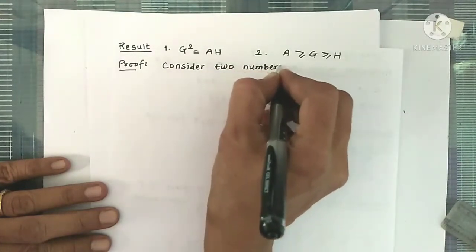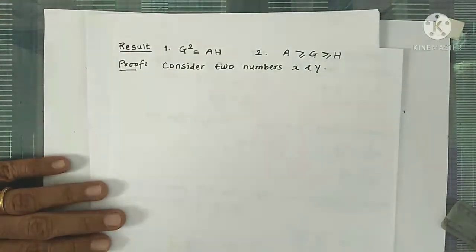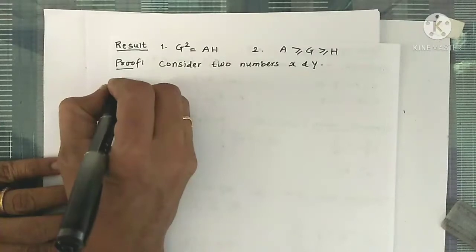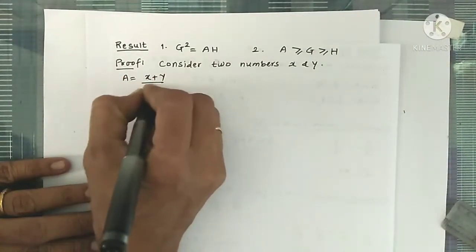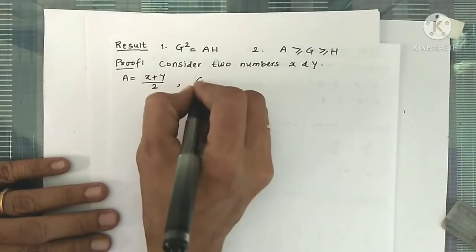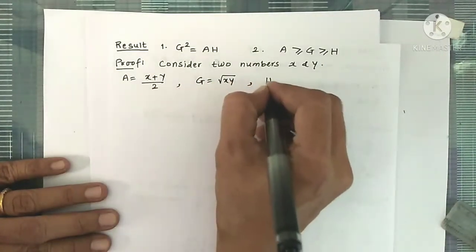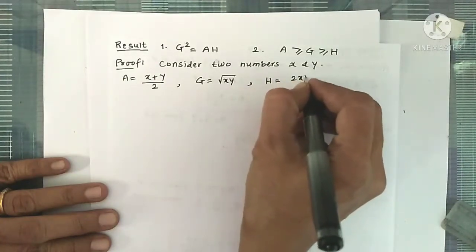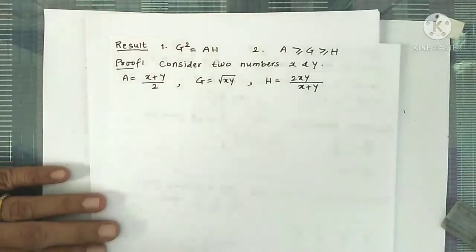Now let A, G and H be arithmetic mean, geometric mean and harmonic mean of these two numbers. So A equals (x plus y) upon 2, G equal to root xy, and H is equal to 2xy upon x plus y.